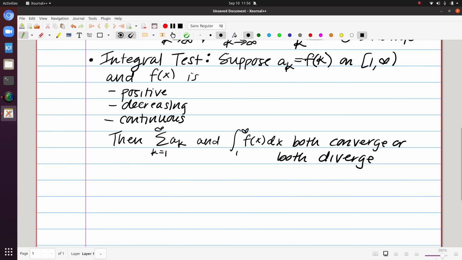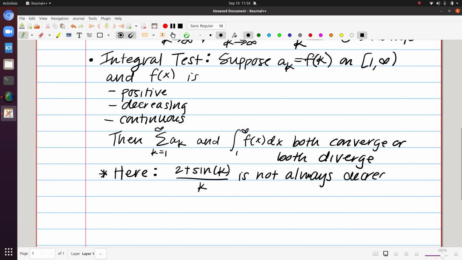Now, what can we say here? I'll point out that (2 plus sine of k) over k is not always decreasing. So we can't use the integral test on that.